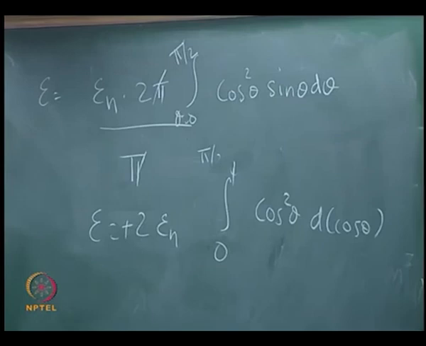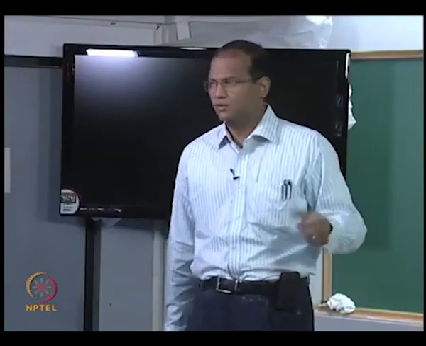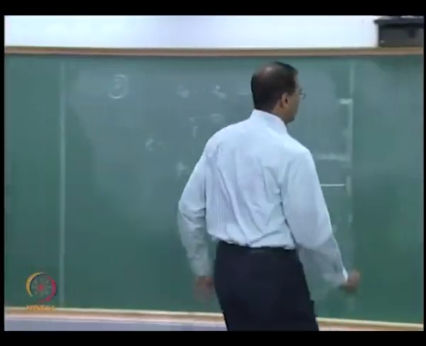All these, you know. I changed the variable from theta to cos theta. Therefore, 0 to pi by 2 I changed. There was a minus sign. Then again I changed from 1 to 0. Now, cos cube.